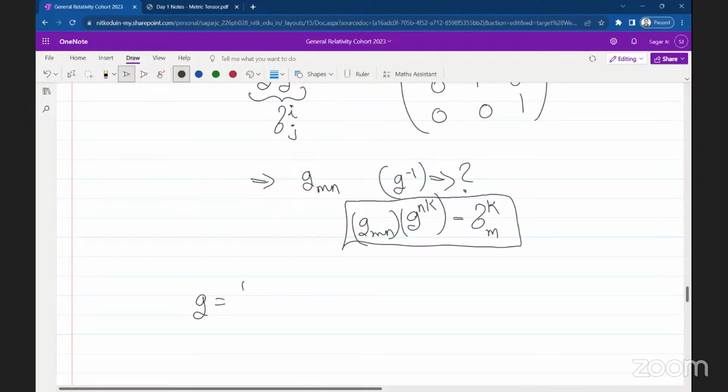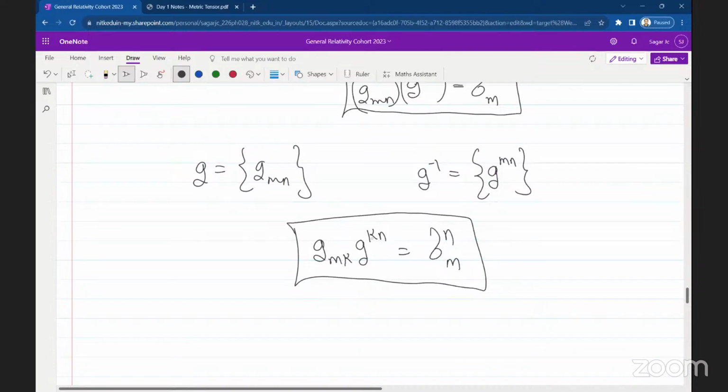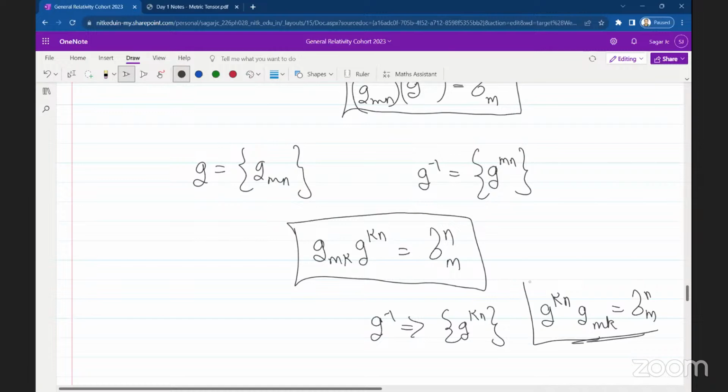So if G has components G_mn, then G inverse has components with contravariant indices G^mn, such that G_mk G^kn is equal to delta n m. So the components of the inverse metric should be such that when you multiply the component G^kn with the covariant component G_mk, it gives me delta n m. If this condition holds, then the tensor G^kn is called the inverse metric component.